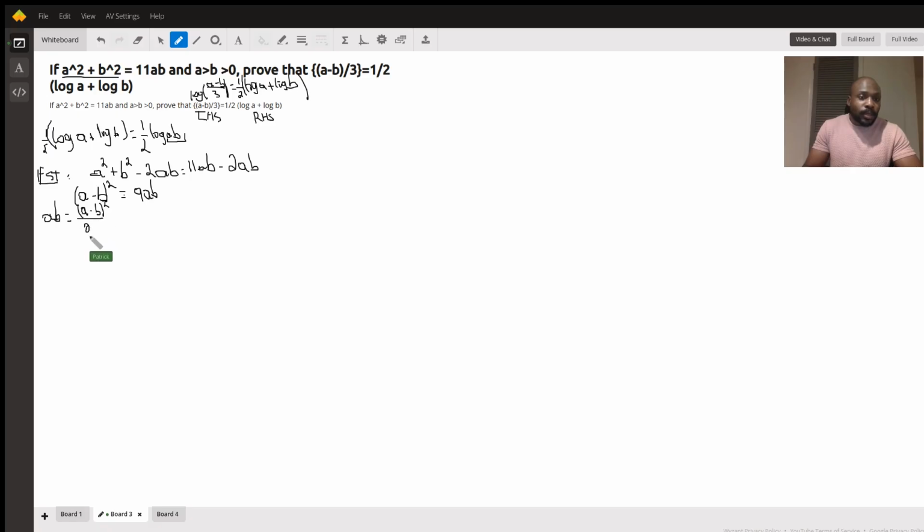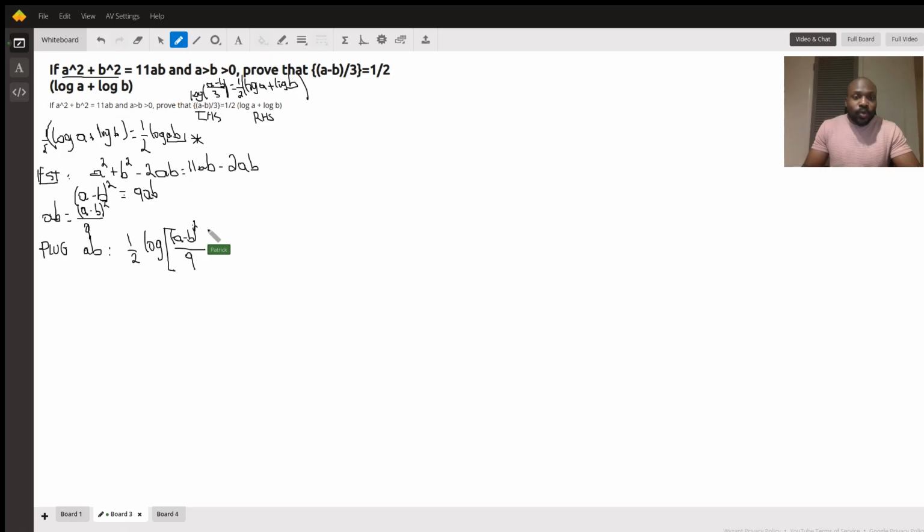And we're going to plug that in to here. So when we plug in AB, we get 1/2 log of, and then set up a bracket. At the top, we're going to have (a minus b) squared, and at the bottom, we're going to have 9.